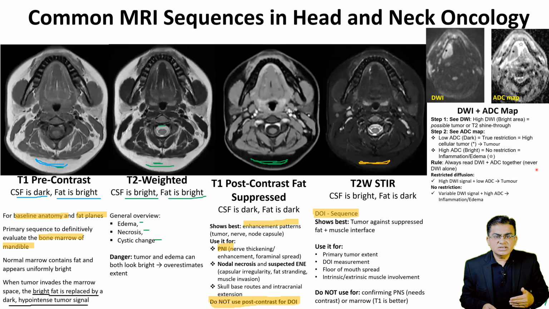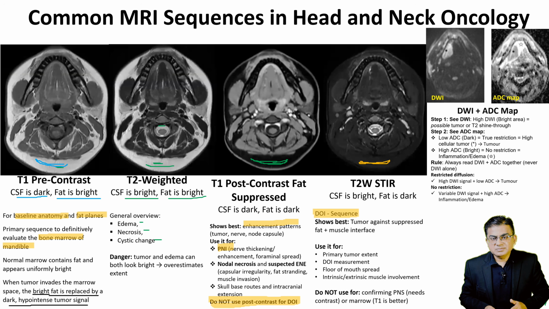In highly cellular tissues like most cancers, cells are packed tightly. Water molecules cannot move freely. Hence, it is called restricted diffusion. On DWI, restricted diffusion commonly appears bright.